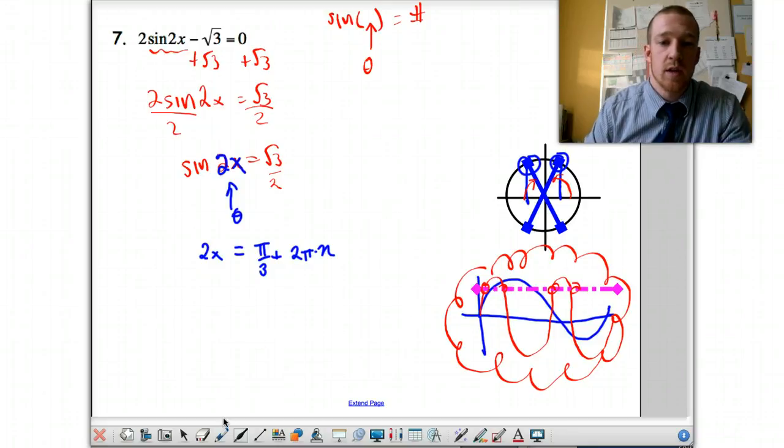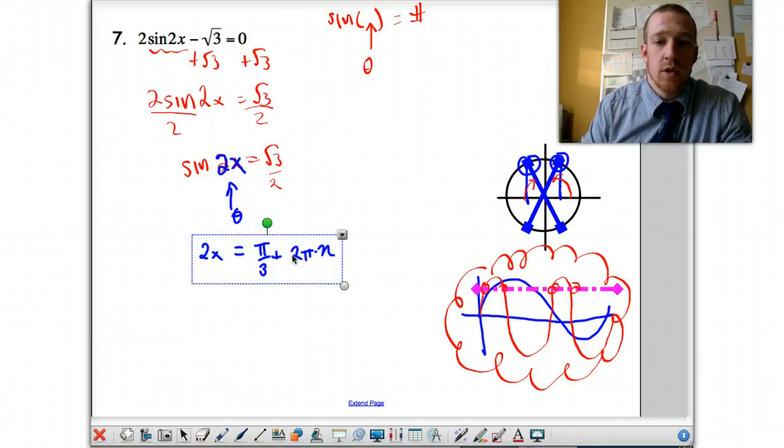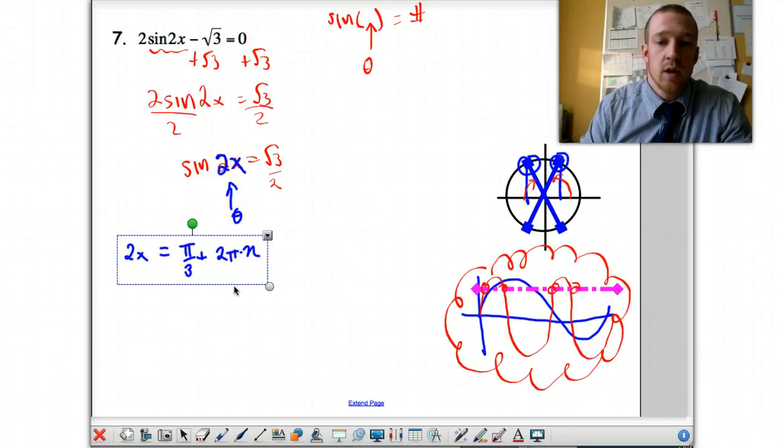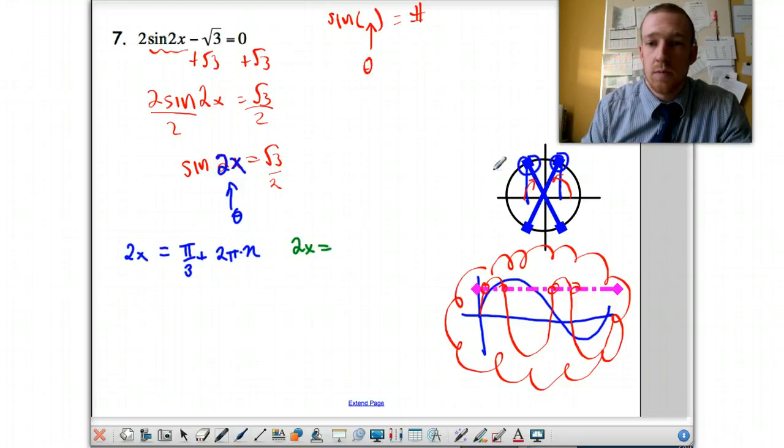It's good to have that idea in your brain case. So we have this answer, or any integral multiple of 2 pi, and we also have 2x has to equal 2/3 pi plus some multiple of 2 pi.